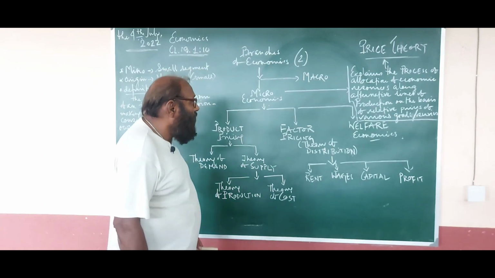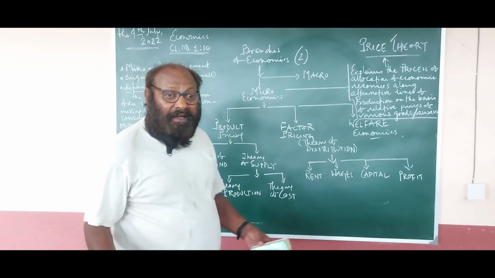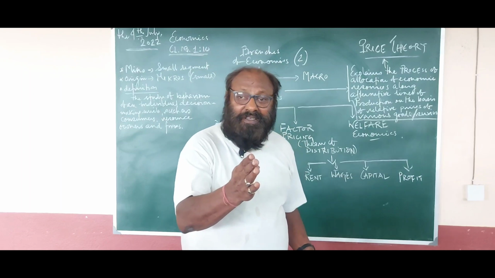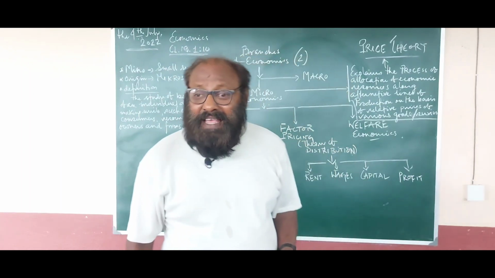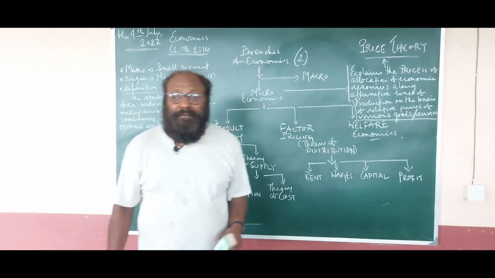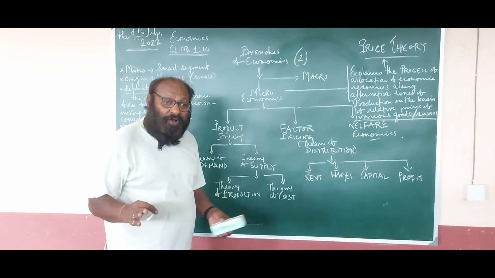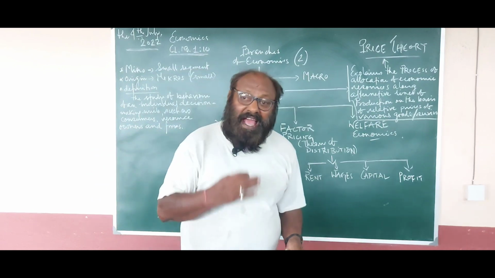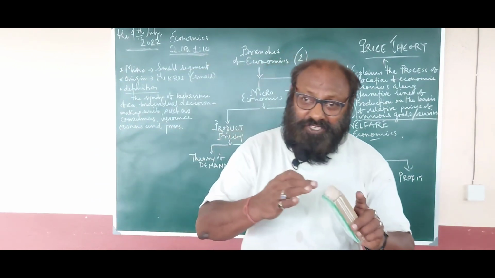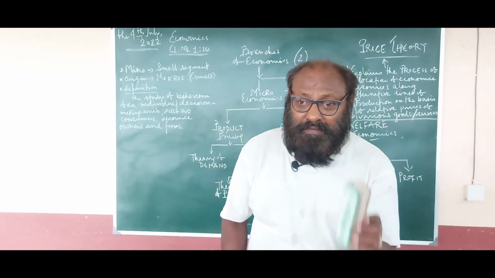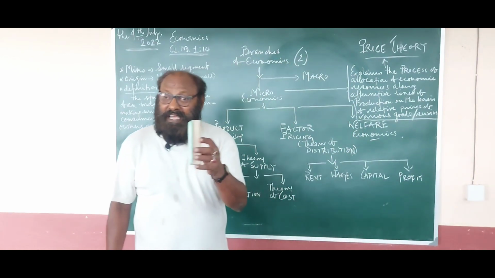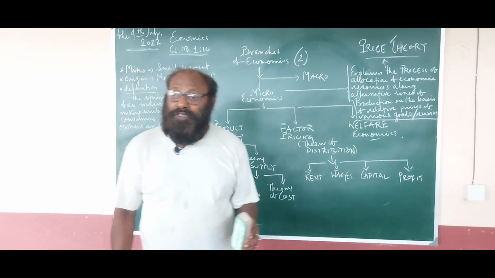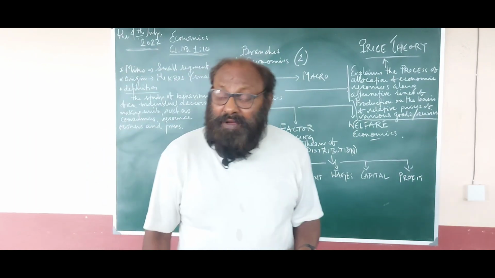So friends, here I have started the analysis of the different branches. As I have already told you in the previous class, the subject economics has 2 branches. One is for the smallest segment of the economic units, like customers, resource allocators, firms.